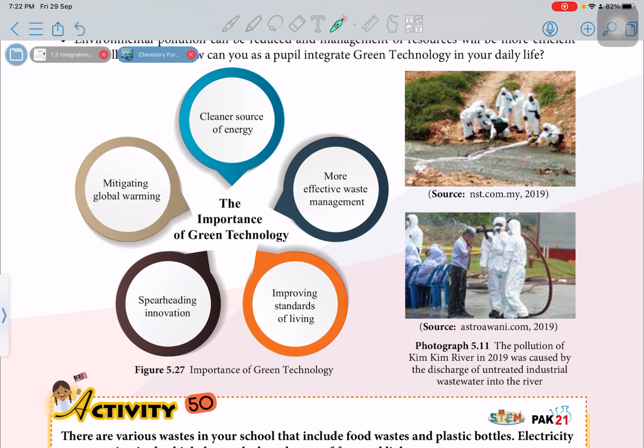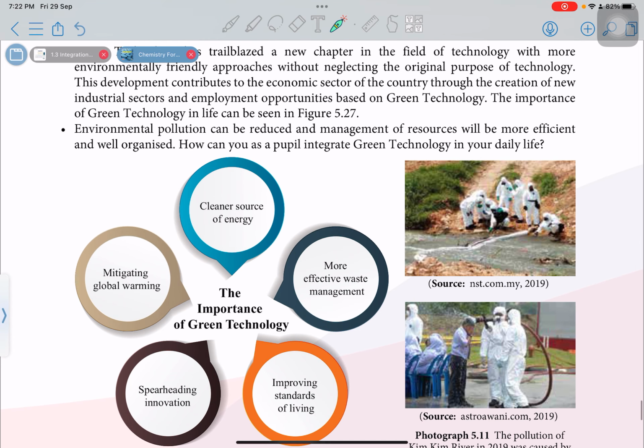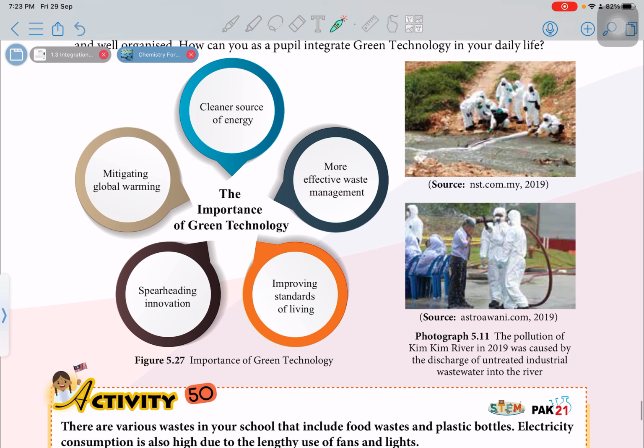If back then we used coal, we used fuel, it needs a lot of processes, for example combustion, which will have negative impact to our climate change, to our environment. And then we have the idea of green technology.